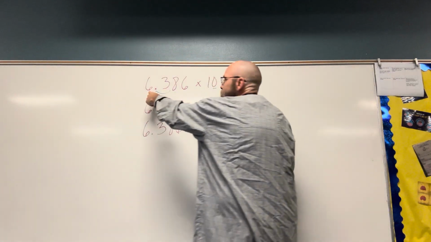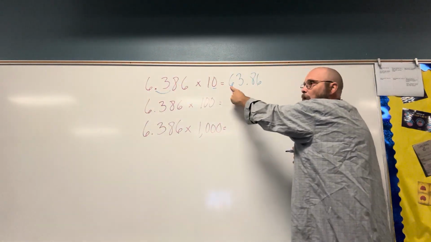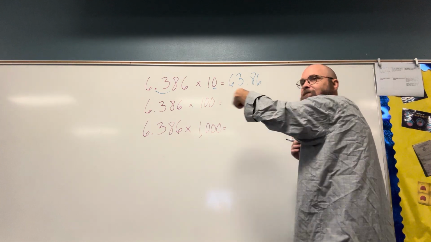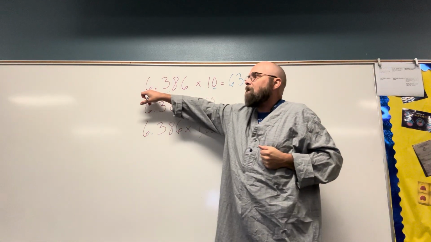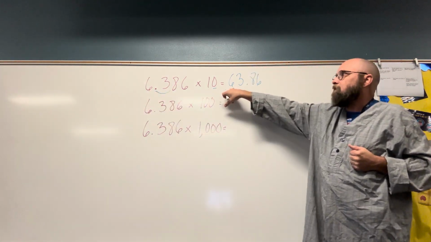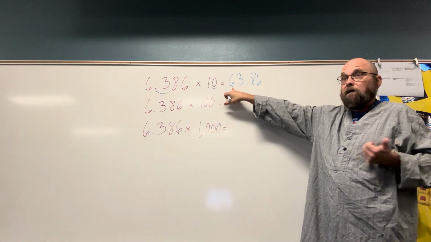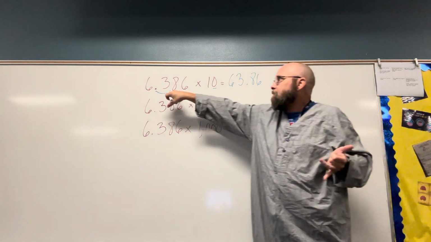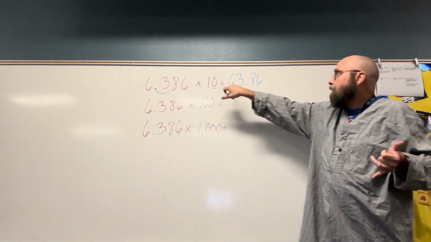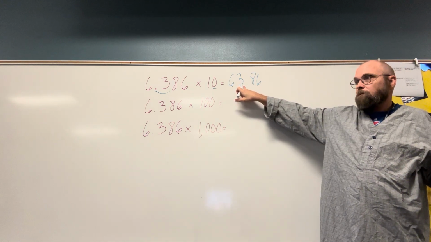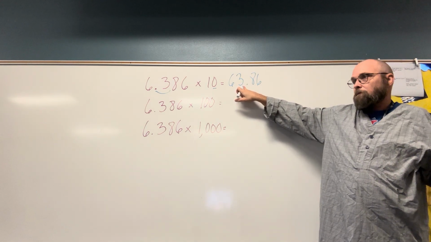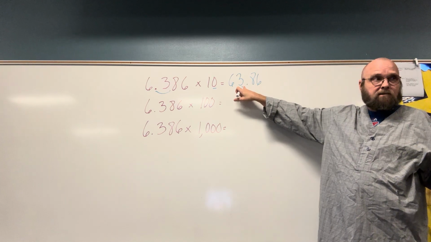Instead of 6 ones, I now have 60 ones. Instead of 3 tenths, I now have what essentially is 30 tenths. Does that make sense?